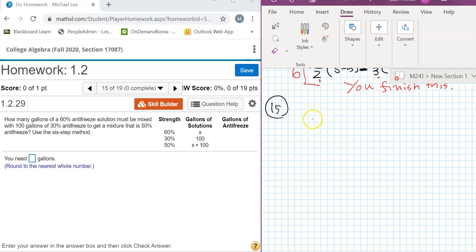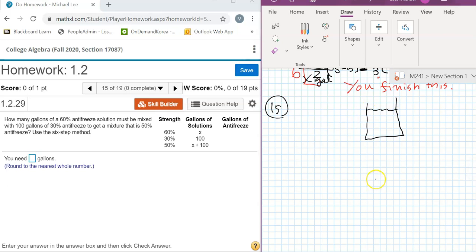Let me draw a little picture here. This is 60% antifreeze. And I don't know how many gallons. I'm going to say X gallons. You're going to mix with 100 gallons.